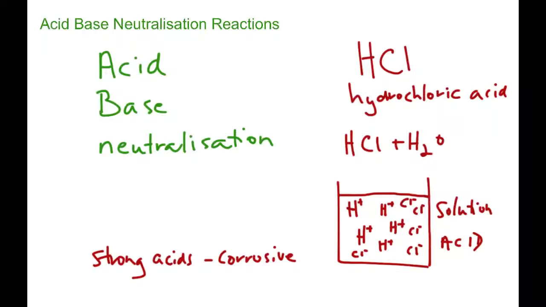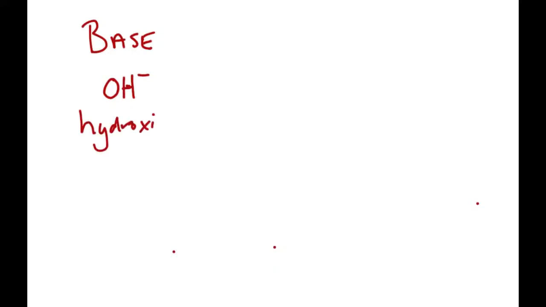Let's have a quick look at that. So a base is a chemical that when dissolved in water releases a lot of hydroxide ions. And a hydroxide ion has an oxygen, a hydrogen, and has a negative electric charge on it.